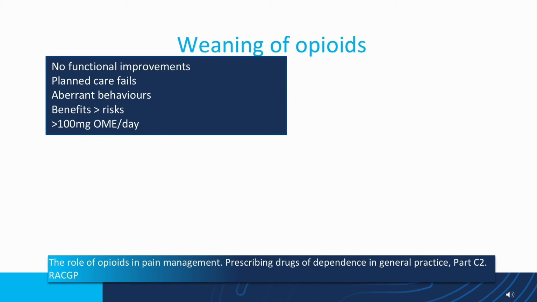So the risks take over and the side effects take over. People on more than 100 milligrams of morphine oral equivalent per day, my recommendation is they shouldn't be on that. There should be a plan. Now, I'm not saying just start weaning. I'll come to that in a second. But certainly, if the opioid dose is increasing, you might consider engaging your exit strategy.